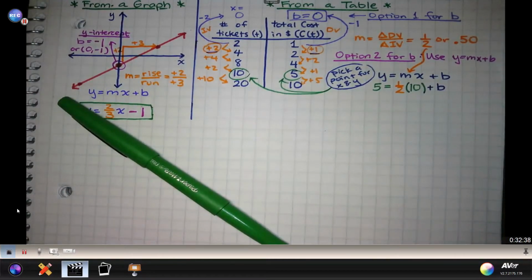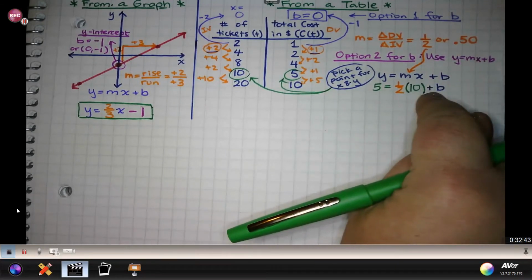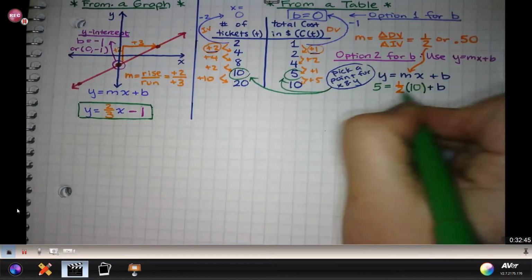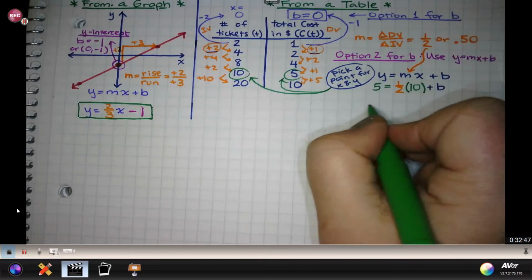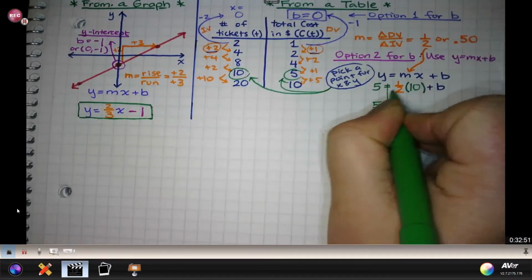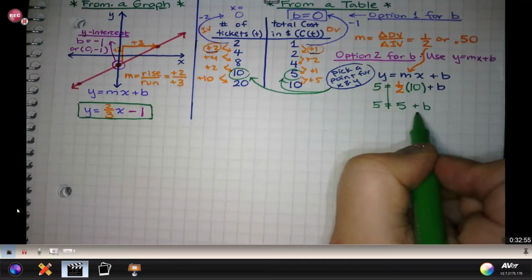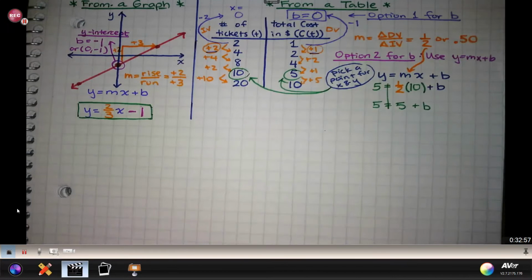So essentially what we're going to do is you can solve or kind of guess and check to figure out what that's supposed to be to make this true. Okay, so I know that 1/2 times 10 is 5. Well, then what does this number have to be to make this true?